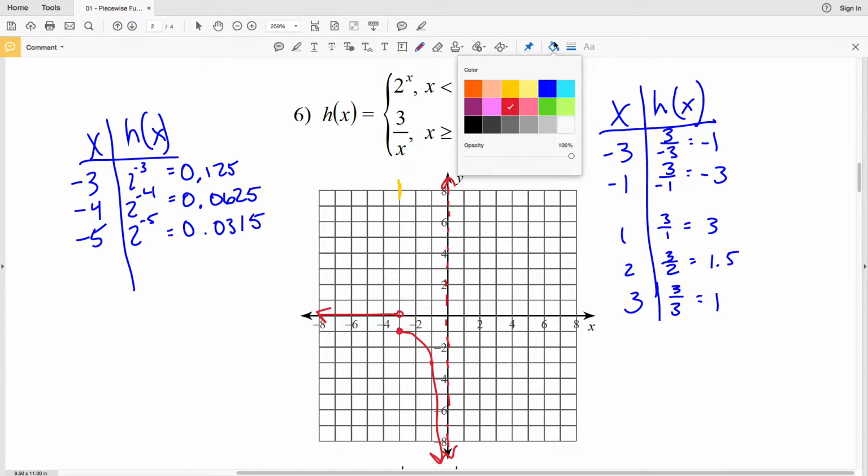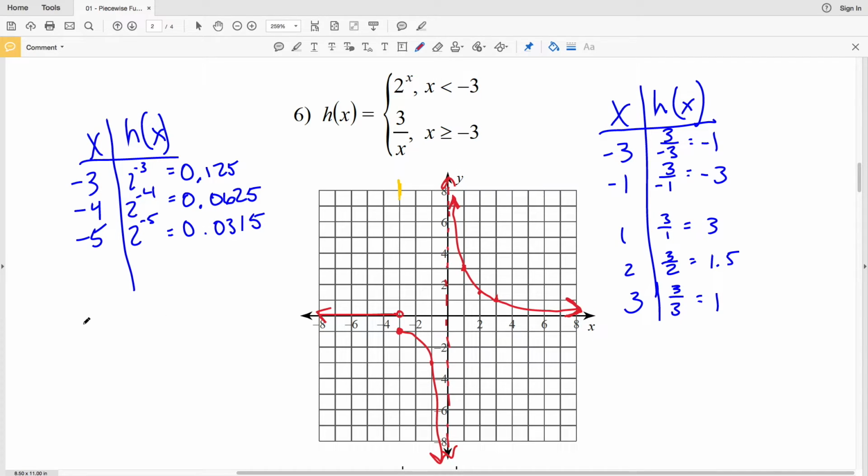So graphing each of those, 1, 3, 2 and 3 halves, so 2 and 1.5, and then 3 and 1. You can see that we're coming from positive infinity in the y, and we're going to be approaching 0 as x increases. And that's my piecewise function in number 6.